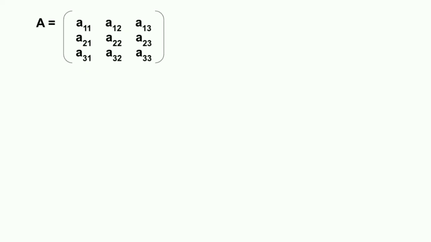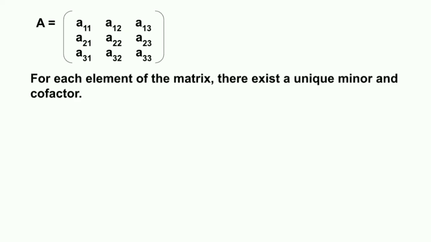For each element of the matrix, there exists a unique minor and cofactor. Since this matrix has 9 elements, it has a total of 9 minors and 9 cofactors. To find the minor of an element, we first neglect all the elements present in the same row and same column.